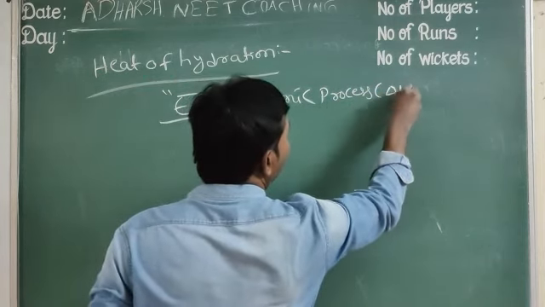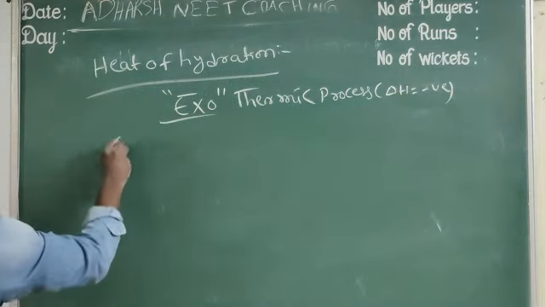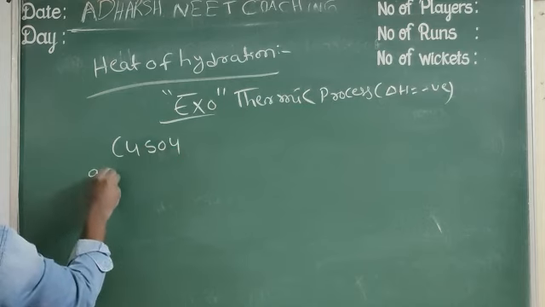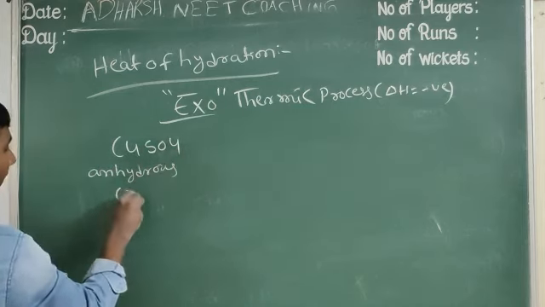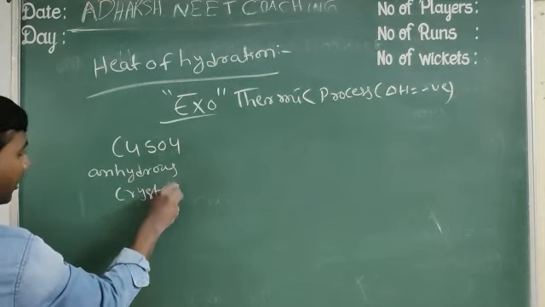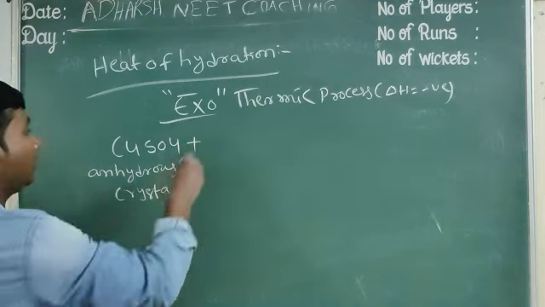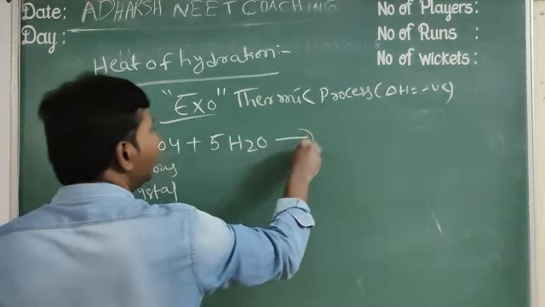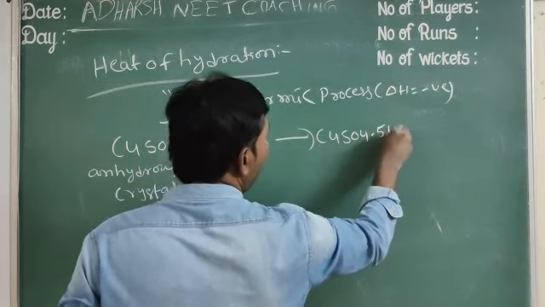Del H equal to negative. Okay, anhydrous crystal, for example, CuSO4. This is an anhydrous crystal. It reacts with a fixed amount of water molecules, 5 moles of water, so CuSO4·5H2O.